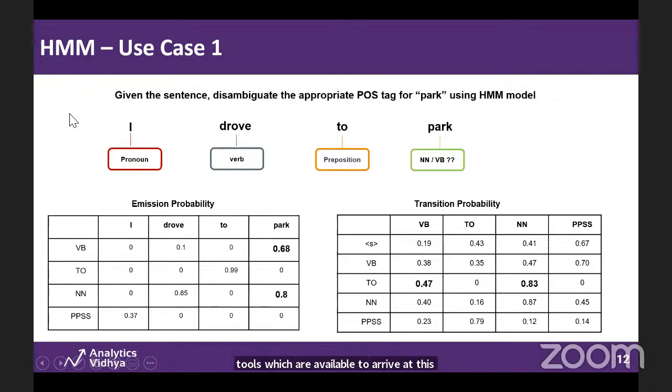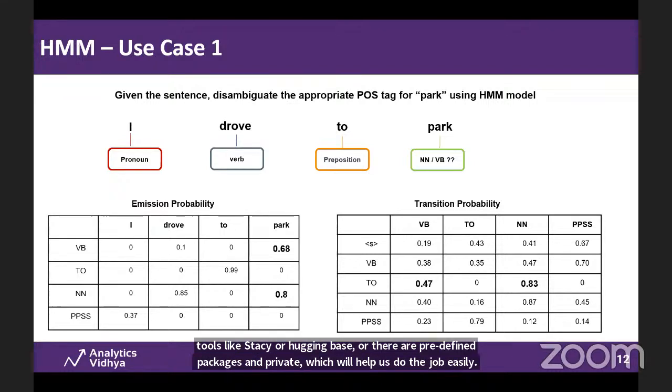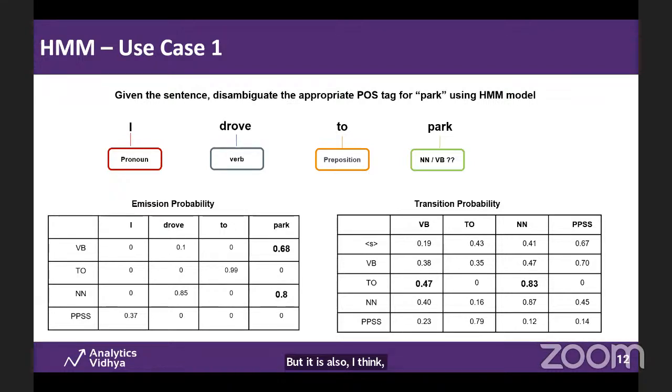The way we will be implementing the HMM model is through tools like spaCy or Hugging Face, or there are predefined packages in Python which will help us do the job easily. But it is also essential to understand how this works at the backend. So let us try and understand this through an example.